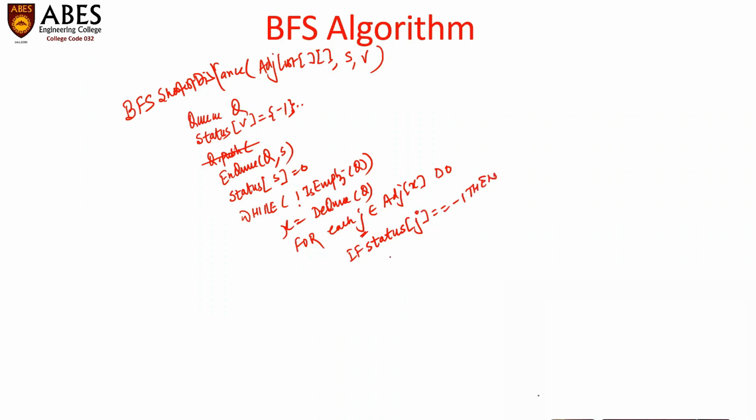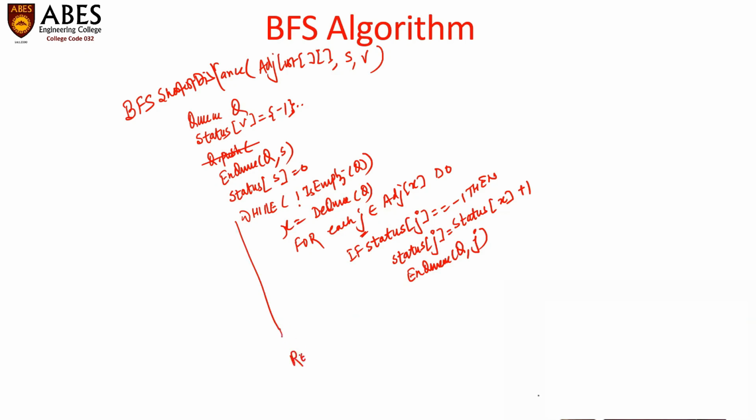For doing so, we will mark the status of J as the status of vertex number X + 1, because this vertex is going to be explored from this X, hence the status of J should be 1 more than the status of X. And similarly, we should NQ the vertex number J in the Q. Fine. So whatever is the data value in this status vector, those are the distances.